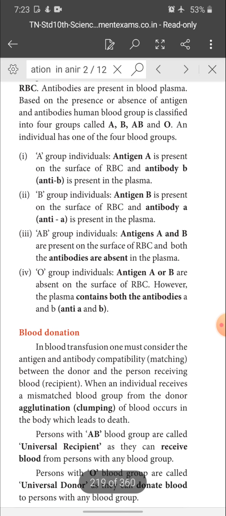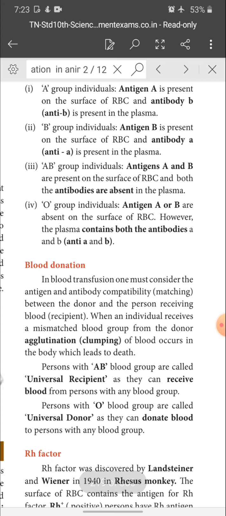Next, blood donation. Regarding this ABO blood group, you have a chart on the next page, we will see that also. Now for blood donation. In blood transfusion, one must consider the antigen and antibody compatibility between the donor and the person receiving blood, that is the recipient.